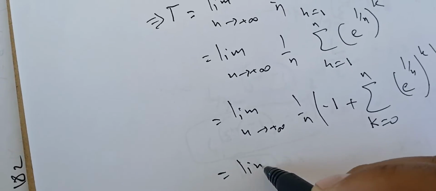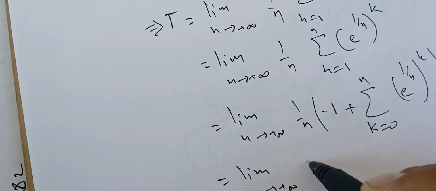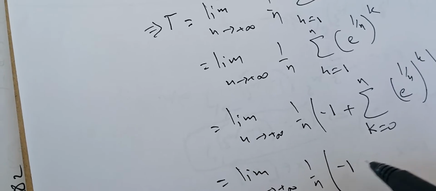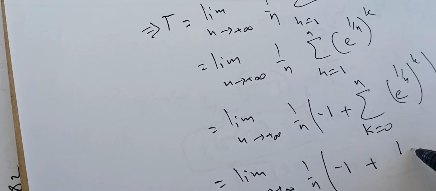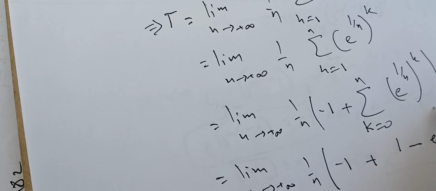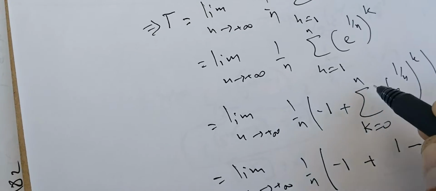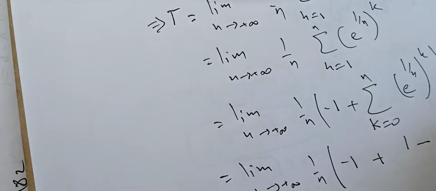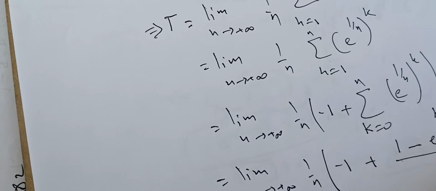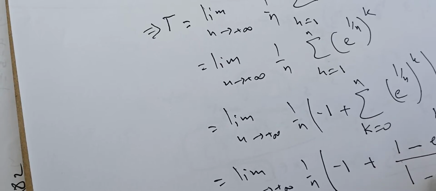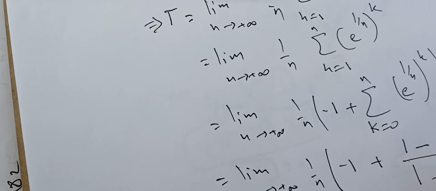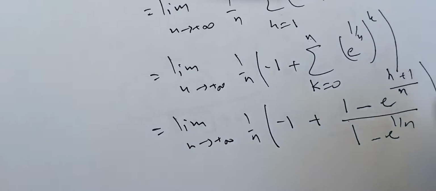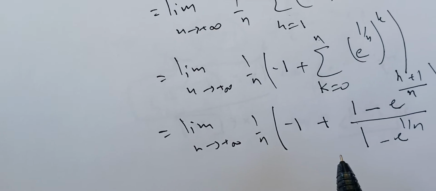So we have 1 over n times minus 1 plus (1 minus e to the n plus 1, the last term of the indices) over 1 minus e to 1 over n. This is the limit that we need to compute.